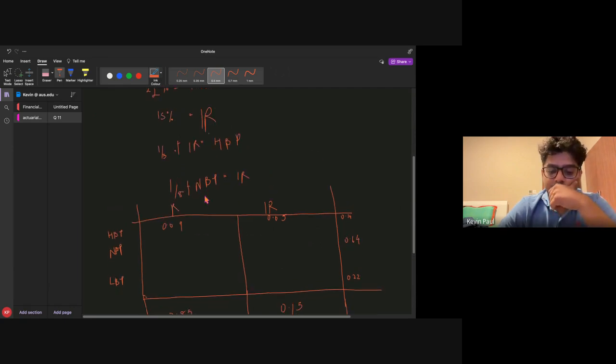1/8 of those with normal blood pressure have irregular heartbeat. So 1/8 of 64 have irregular heartbeat, and that is 0.08. I think it is 0.8.